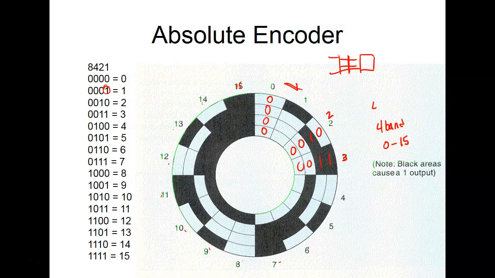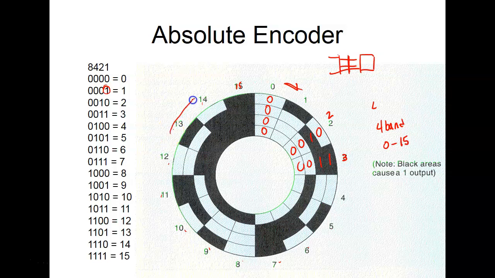Whatever I'm trying to sense the position of, this encoder would be connected to it. And as that moves, this encoder turns, and it gives me a binary number that tells me exactly where that thing's at. Now, what's the problem? The problem is that I can only sense 15 positions. So what if I wanted to sense 32?